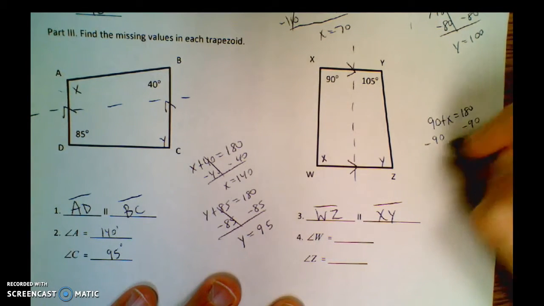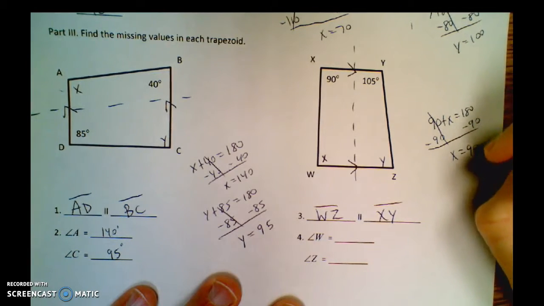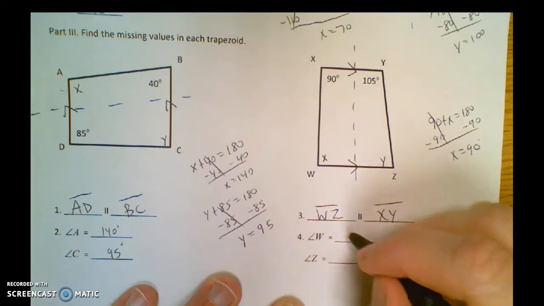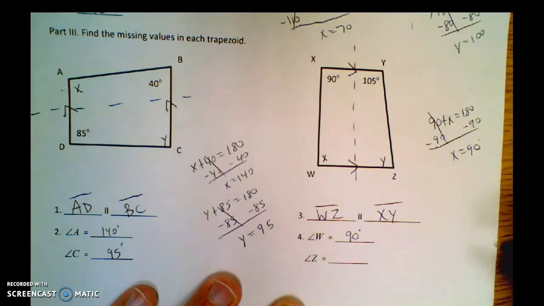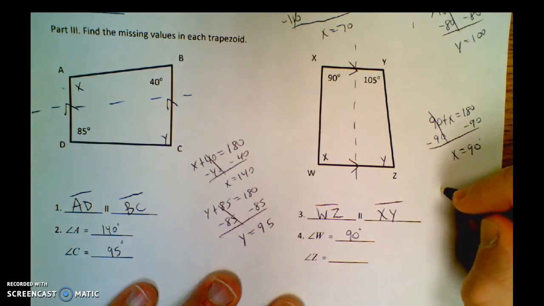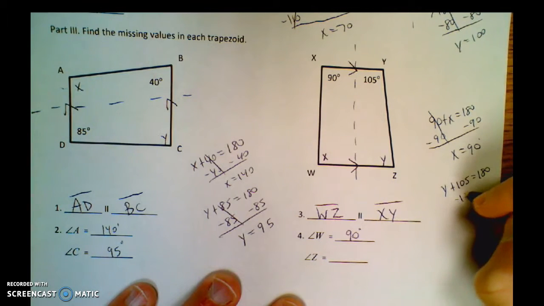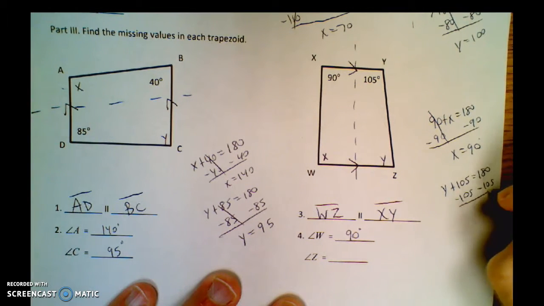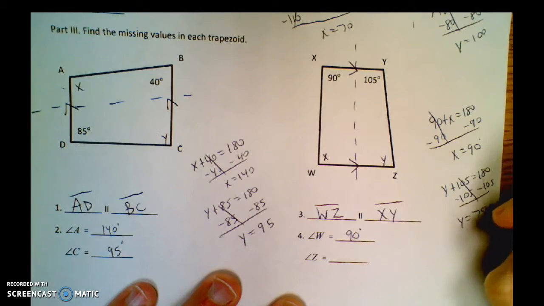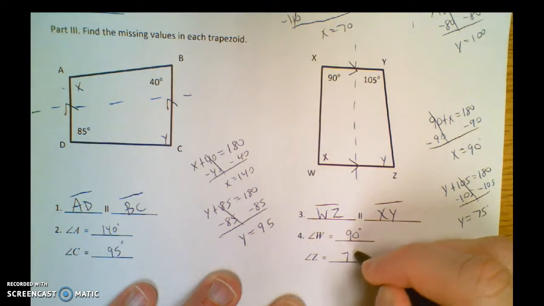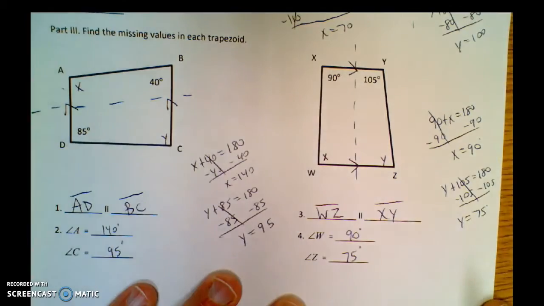Subtract 90 from both sides, get x equals 90. In this case, x was W's value. And then y plus 105 equals 180. Subtract 105. Y equals 75 degrees. So in this case, that was my angle Z.